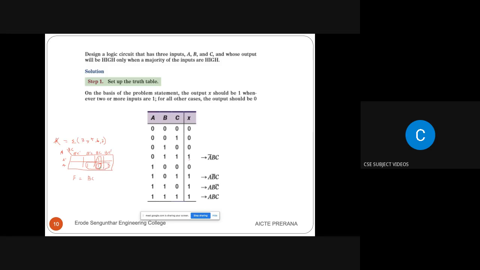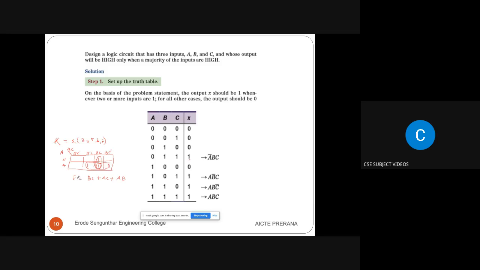For this pair, we consider B dash C and BC, so B dash plus B is 1, and the remaining variable is C, and in this row we have A, so we can write AC. Similarly, this pair will have A, B. Here C plus C dash will be 1, and the remaining A and B are here, so the term is AB.